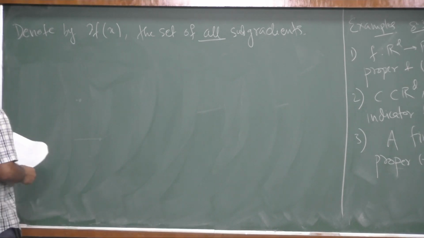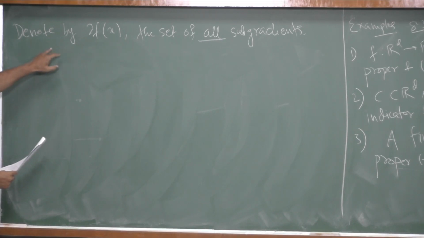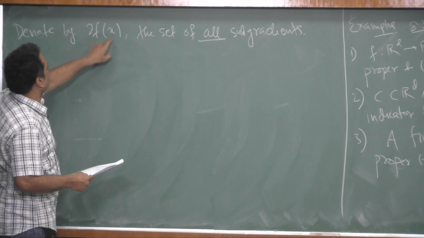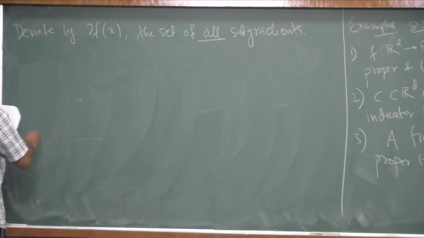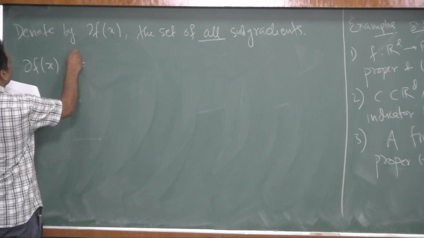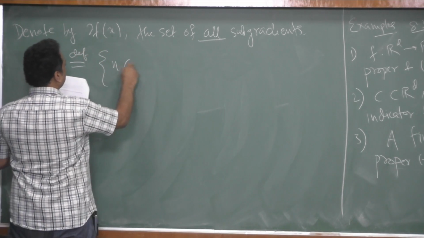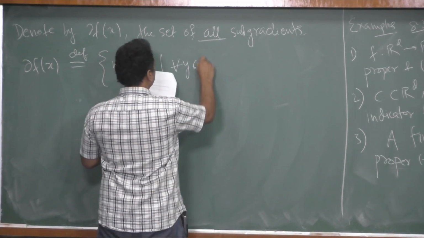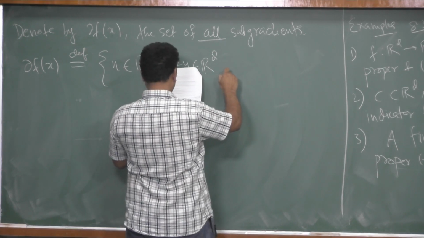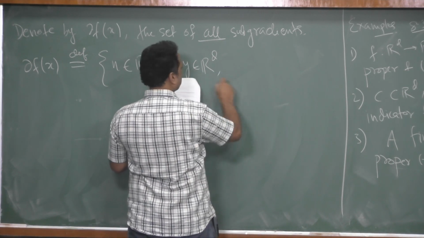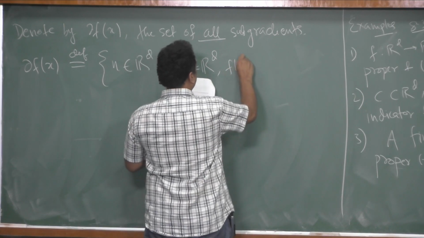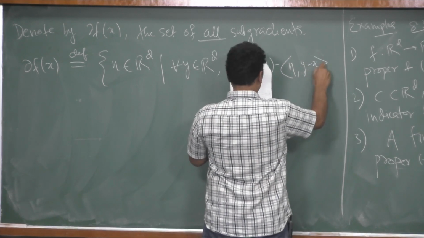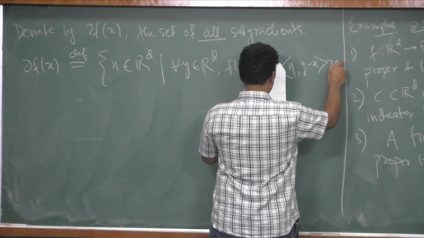So basically it is a set of all subgradients at the point x. Okay, so we can define this as the set of eta in Rd such that for all y in Rd we have f(y) minus f(x) minus eta times (y minus x) greater than or equal to 0.